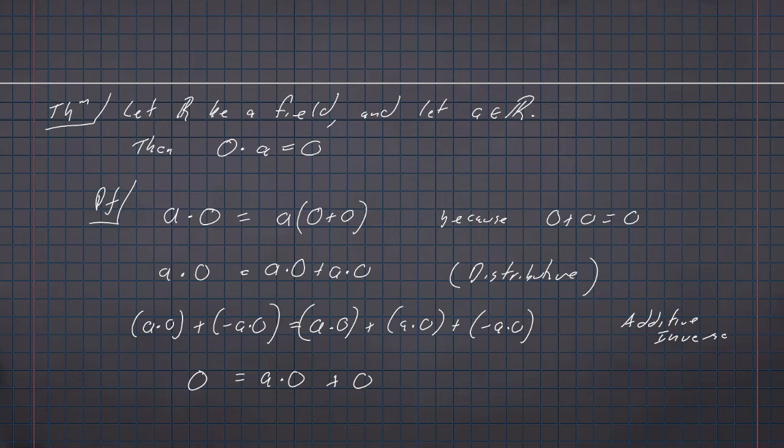And if you add 0 to something, it doesn't change that thing. Right? By using the property of the identity 0, anything plus 0 is that thing, we get that 0 is the same thing as a times 0, which is exactly what this theorem told us we were going to prove.